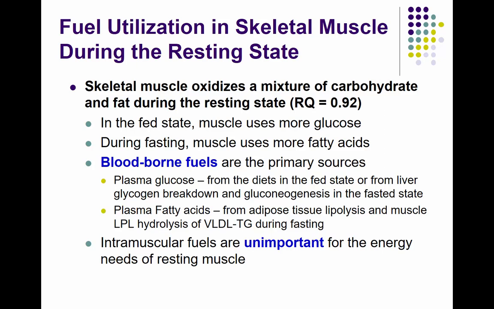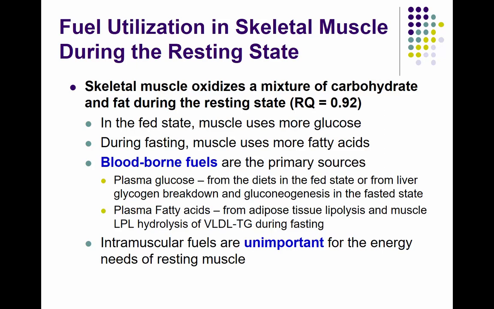And try to remember, intramuscular fuels are not important for the energy need of a resting muscle. Intramuscular fuels, for example, muscle glycogen and muscle triglyceride. So during resting condition, these two types of intramuscular energy fuels are not an important energy source for muscle, right?